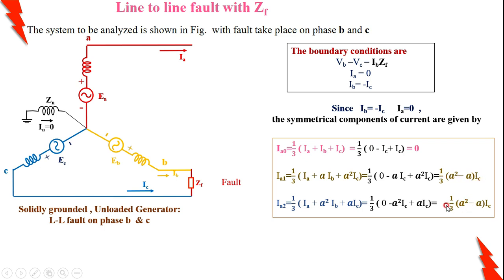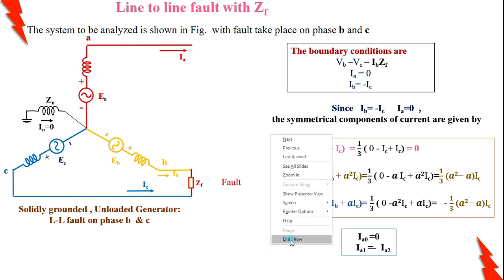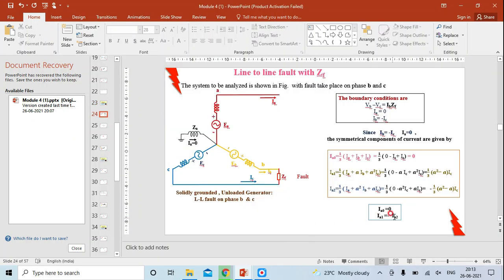Therefore, the relation between the sequence currents I am establishing here is that IA0 is equal to 0 and IA1 is equal to minus IA2. Just write it very clearly: IA1 is equal to minus IA2.